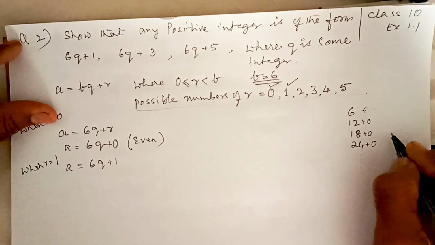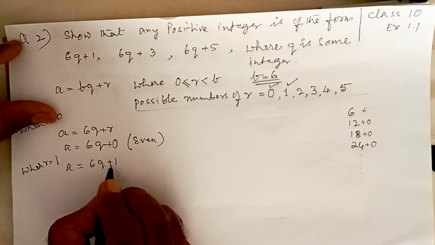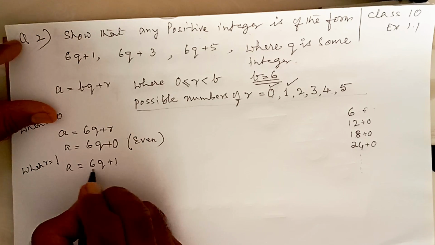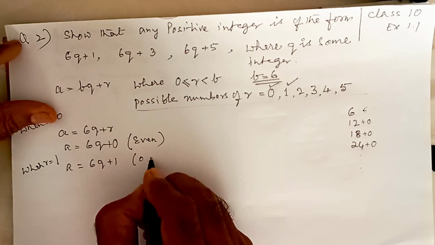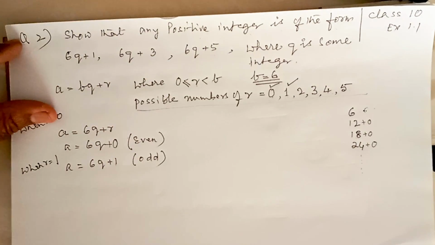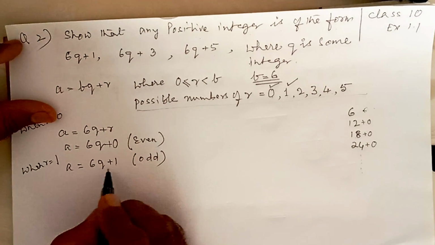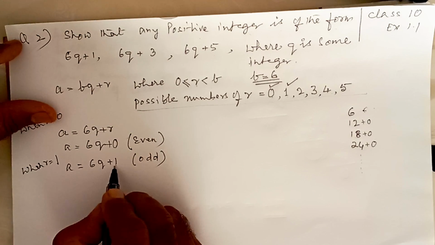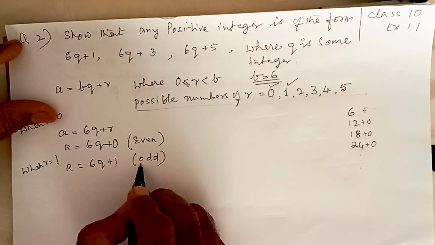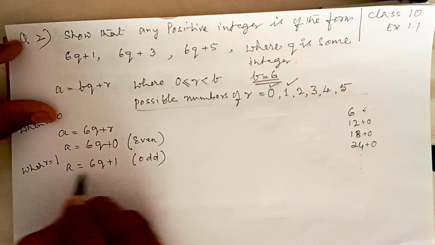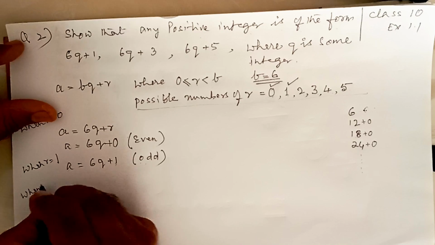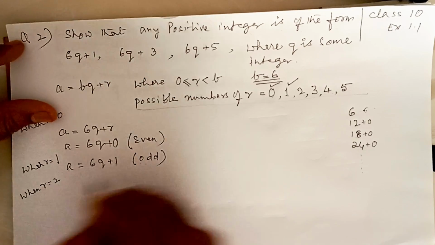That is again an odd number. So whenever we add r, which is 1 here, to 6q, you get odd numbers. Please note that in the first case it is even. In the second case, when the value of r is taken as 1, you get only odd numbers here. A becomes an odd number.